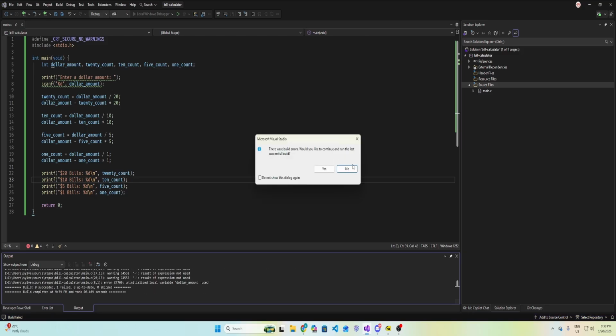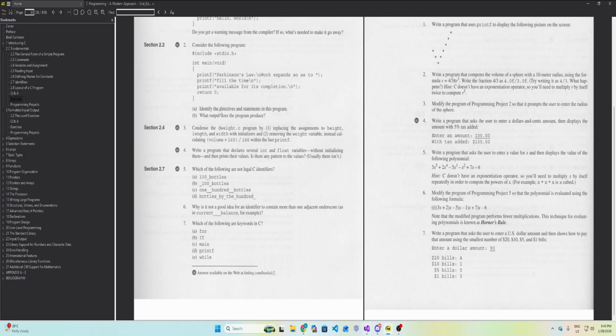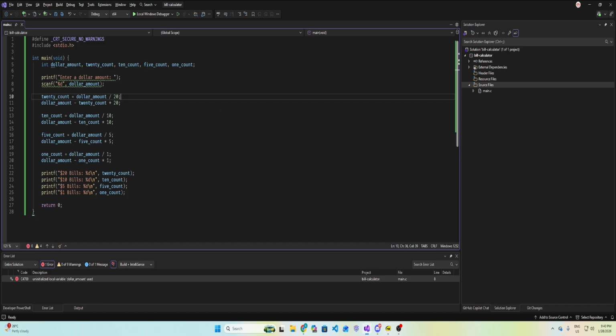Let's test. What did I miss? But I didn't, and using an uninitialized memory dollar amount. Was it not initialized? Am I cooked?